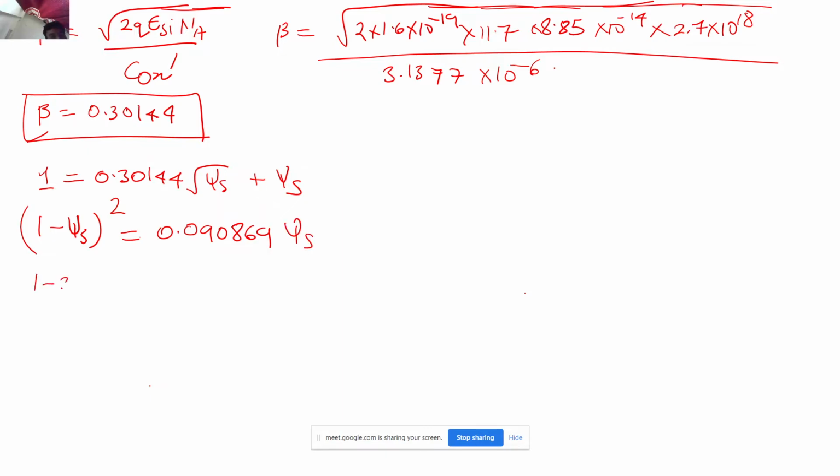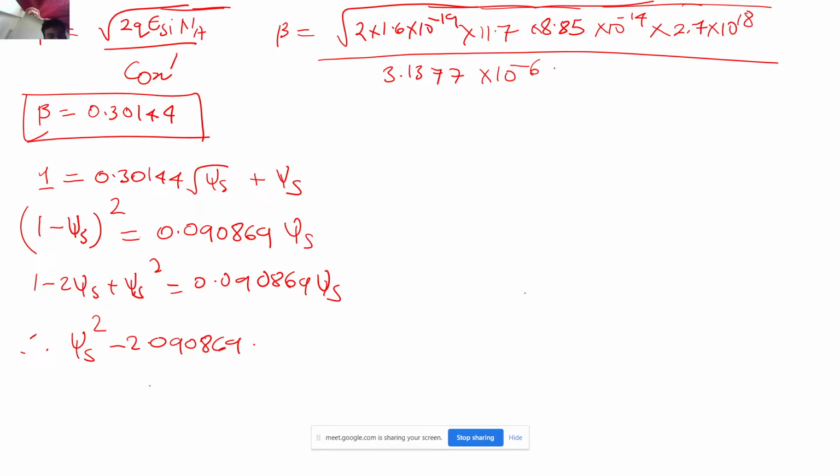If you expand this bracket and rearrange this equation, you will get psi s square minus 2.090869 times psi s plus 1 equal to 0, correct?